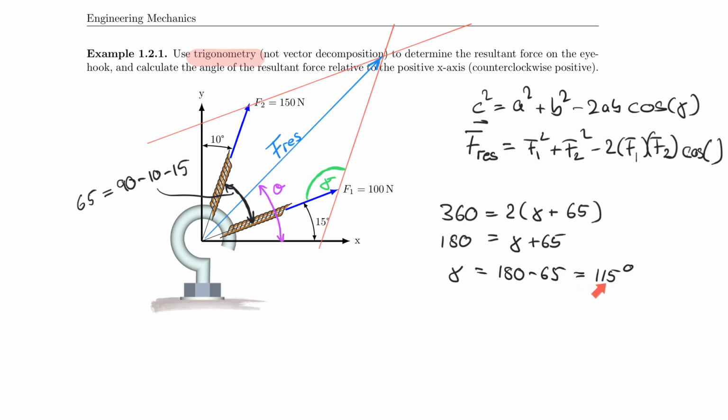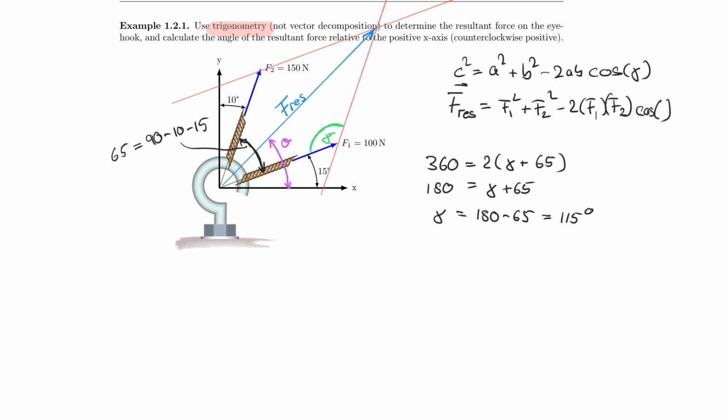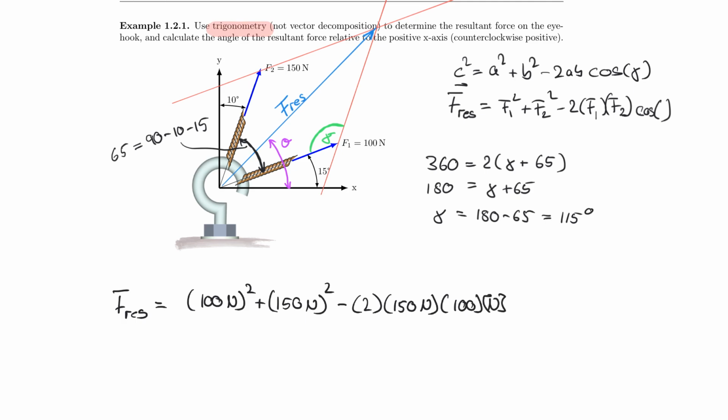So now we know 115 degrees is gamma, and now I can start solving my equation. Let's go ahead and do that. F resultant squared is equal to 100 Newton squared plus 150 Newton squared minus 2 times 150 Newton times 100 Newton times the cosine of 115 degrees.